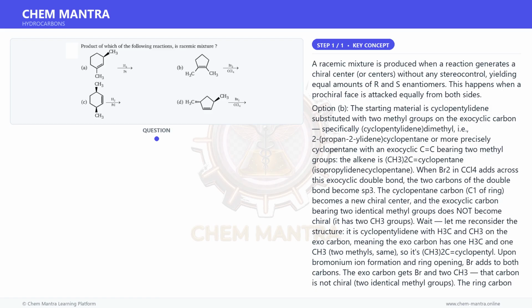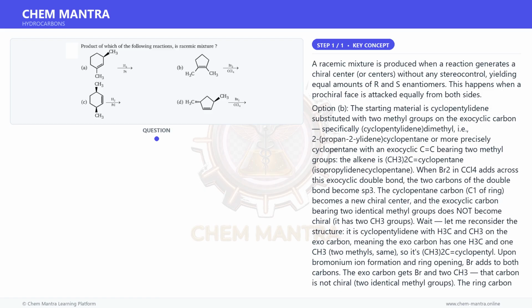Option A. The starting material already has a defined stereocenter, wedge CH3, and H2/Pt hydrogenation tends to proceed with facial selectivity based on existing stereocenters, substrate controlled, giving predominantly 1 diastereomer, not a racemic mixture.